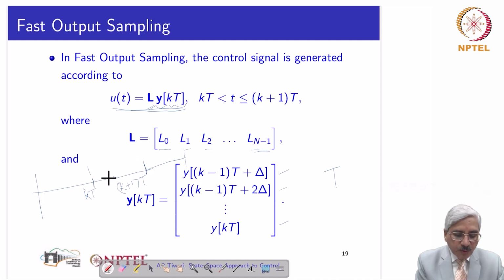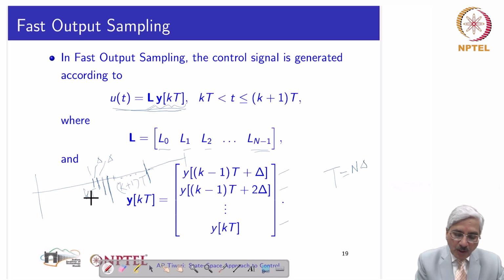However, the output signal is collected several times in this interval, and these subintervals each have a measure of delta. So this is kT plus delta, this is kT plus 2 delta, this is kT plus 3 delta, etc. And this is kT plus N delta or (k plus 1)T, because T is N delta.